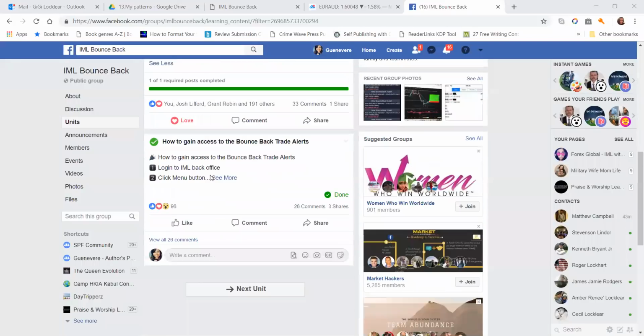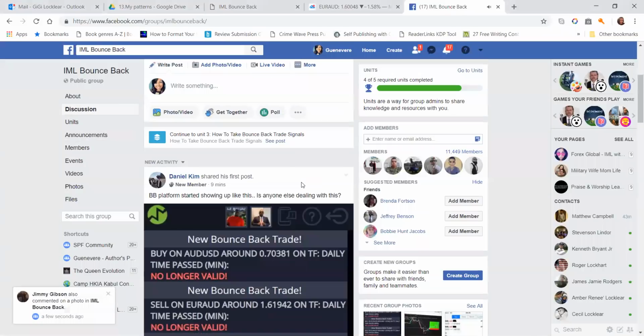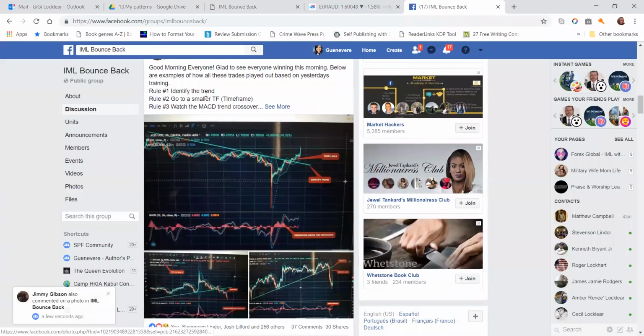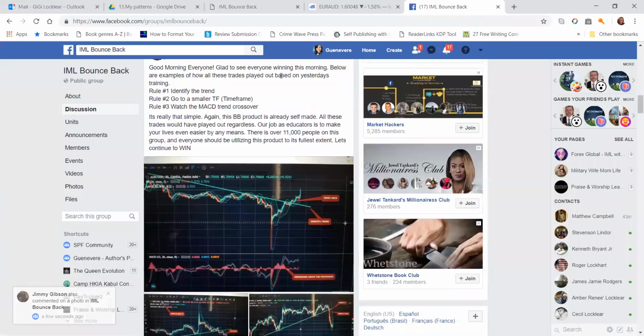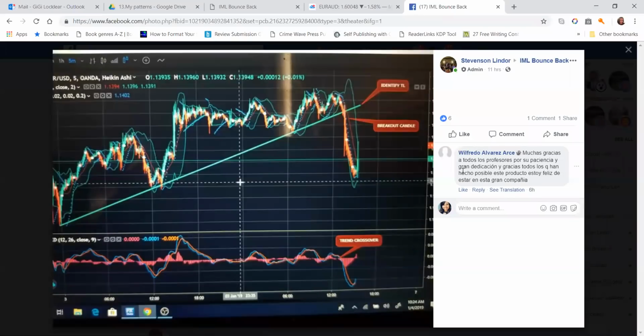You go through all these units, and if you go to discussion, Lindor has done several videos in there. And like here, he told everybody, good morning, everyone. Glad to see everyone winning this morning. Below are examples of how all these trades played out on yesterday's training. Identify the trend, go to a smaller time frame, watch the MACD trend cross over. It's really that simple. He outlined it just like I just did, which I didn't even know he had done, but I guess you can tell he's my mentor.